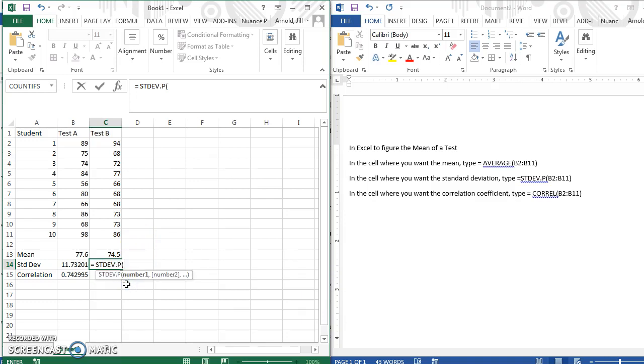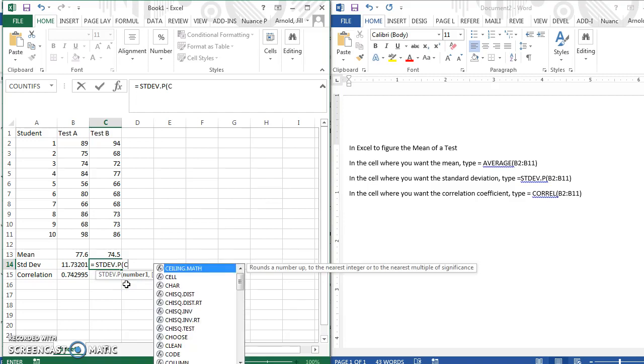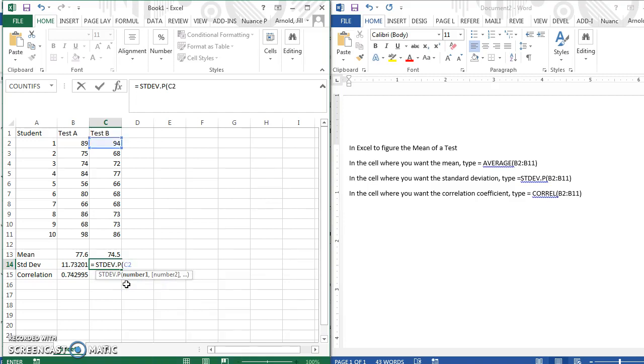Of course I want that to be C this time, C2 through C11, and I'm going to put my parenthesis there again and hit enter, and there I can see my standard deviation. As you see, the numbers are quite different. One is 11.7 and the other one is 8.5. So there's a difference in these tests even though the scores seem kind of the same.